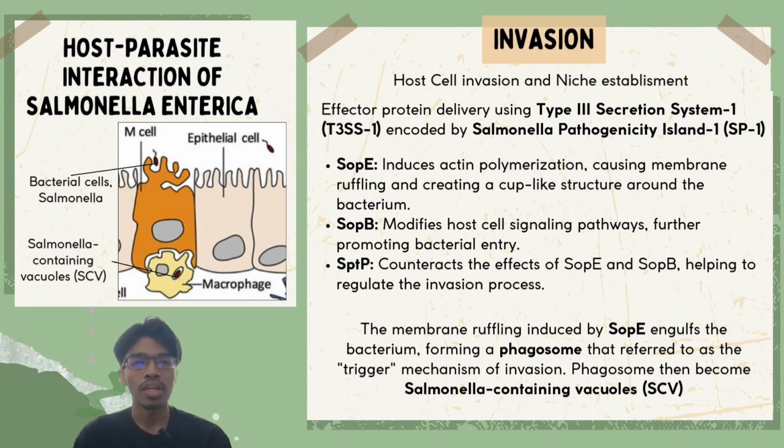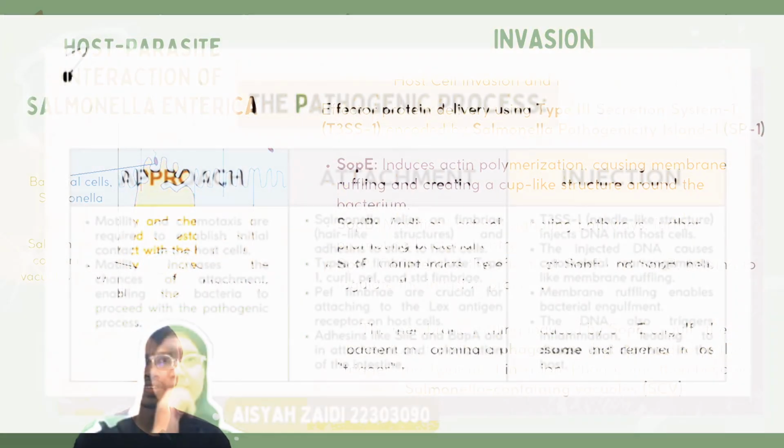SopE will induce actin polymerization, causing membrane ruffling and creating a cup-like structure around the Salmonella, forming a phagosome. SopB modifies the host signaling pathway, which promotes bacterial entry. SptP, however, is used to regulate SopE and SopB. In the phagosome, the bacteria reside inside the Salmonella-containing vacuole, which establishes a niche for replication of Salmonella.